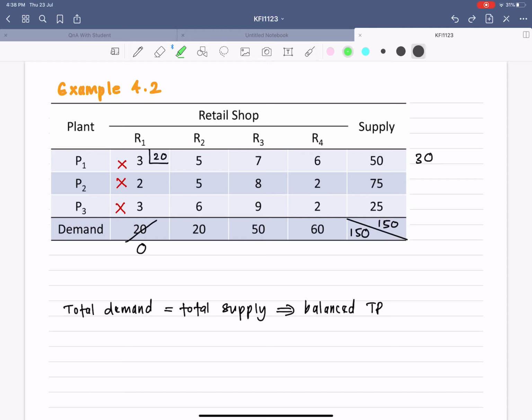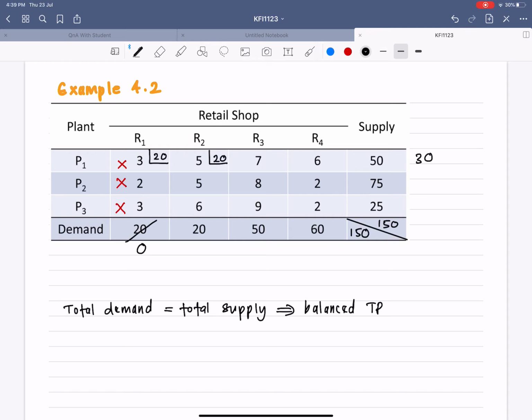Based on this, we compare the supply and demand from the first row and the second column, which are this and this. So 20 and 50, 20 is less than 50, so we will allocate 20 to the northwest corner cell. So here we have 20.